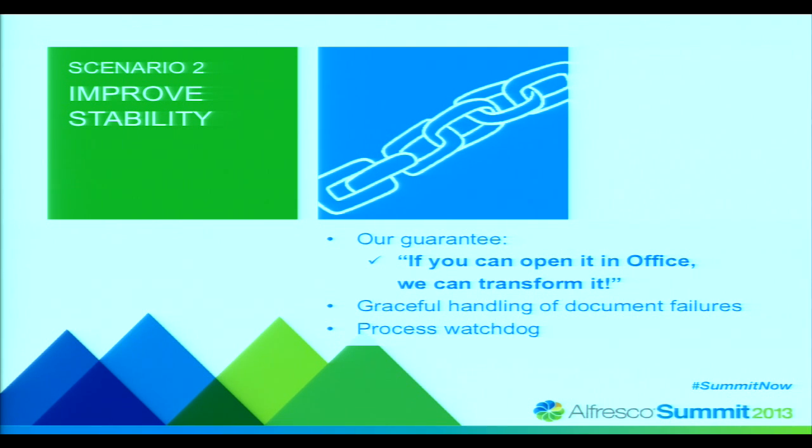So if you are really putting a high load on the server and maybe something is hanging because it is broken inside, the document is not working, then we'll detect this and we'll kill the transformation process. So be sure that we will not have resources in the server that cannot be freed up. So it's made to be resilient, to handle very high loads, and to handle all types of documents. Right.